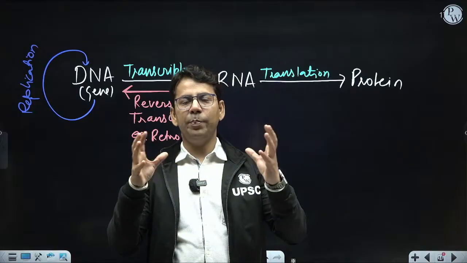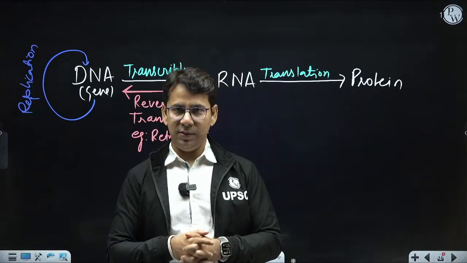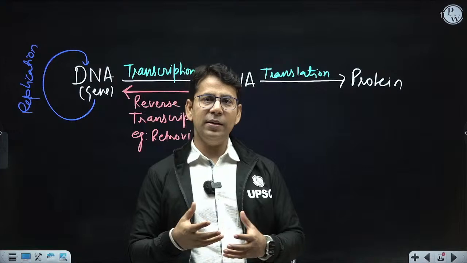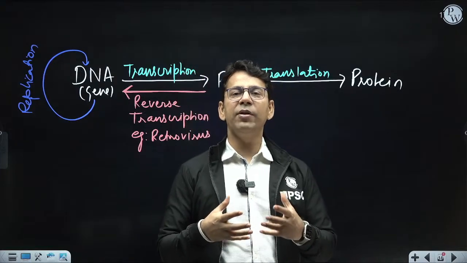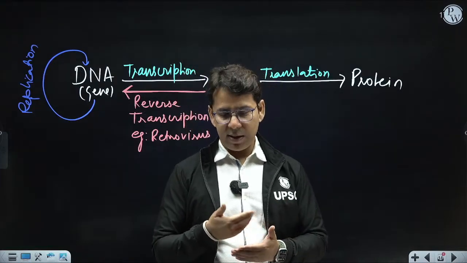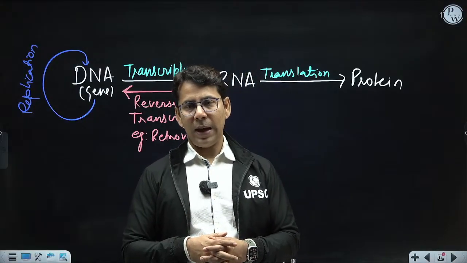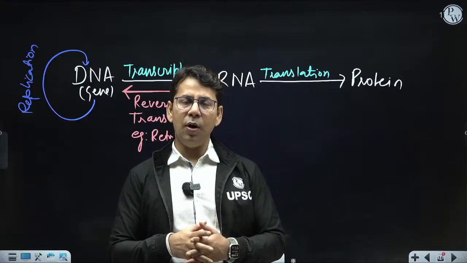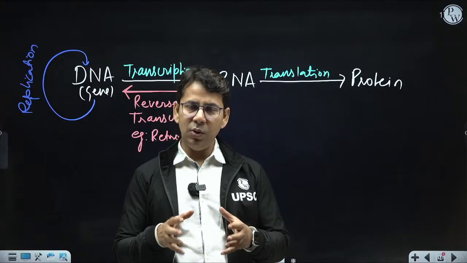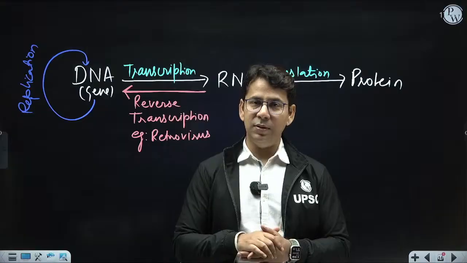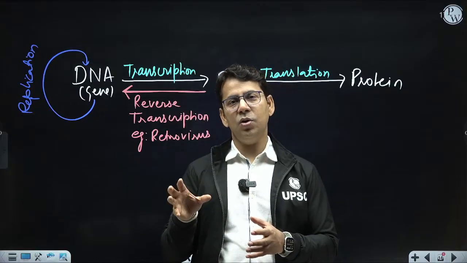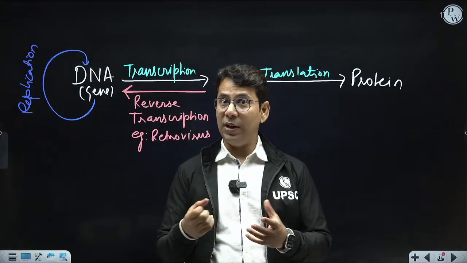Cell is like a big company, like a big factory. And this factory is making bikes and cars. There is one CEO of this factory, a very big person. He is in a secure chamber called the nucleus.